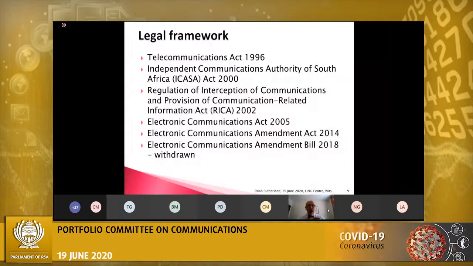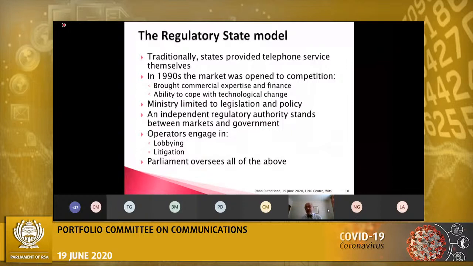To step back for a second and try to give a sort of theoretical model. If you go back before 1993, when the first mobile phone licenses were issued in South Africa, the state provided the telephone service.